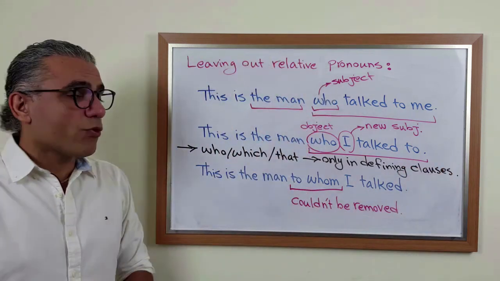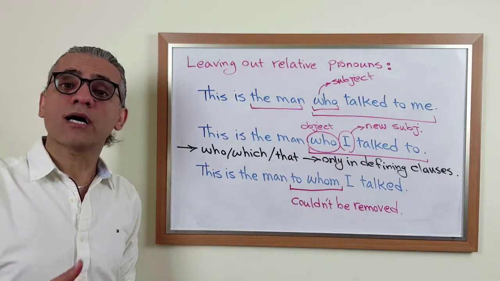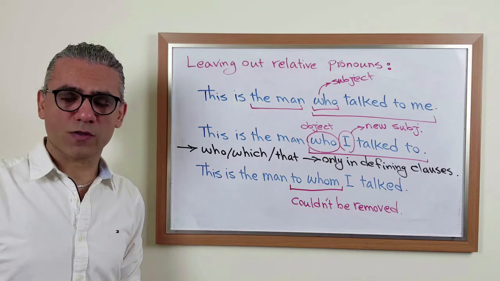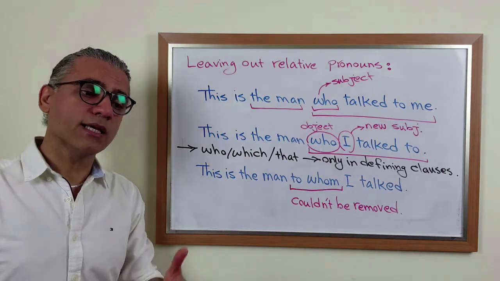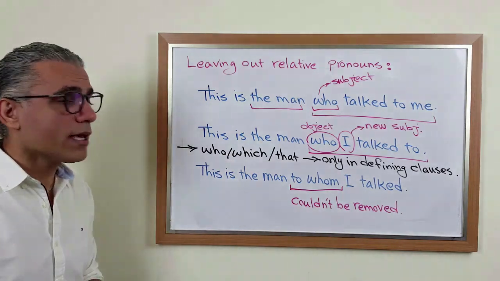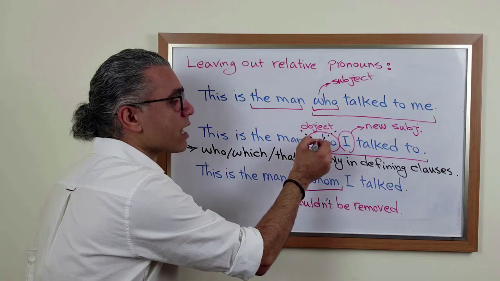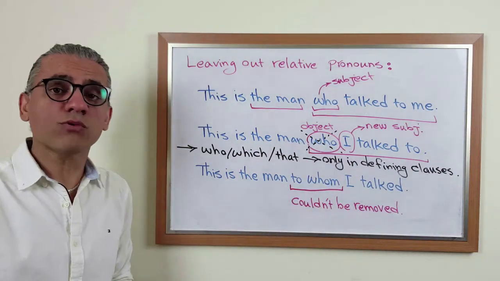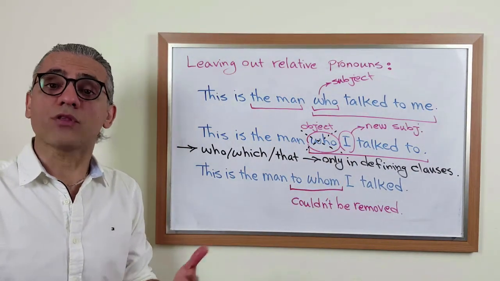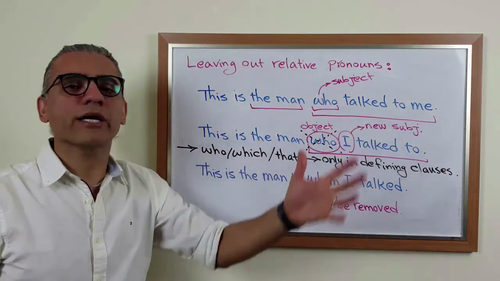So remember, we cannot leave out relative pronouns from non-defining relative clauses. We can only do that in defining relative clauses, and not always. Only when our relative pronoun is the object of the clause. You don't have to remove it, but you have the option of removing it. So we could say, this is the man I talked to.